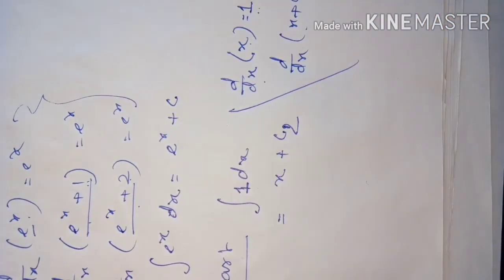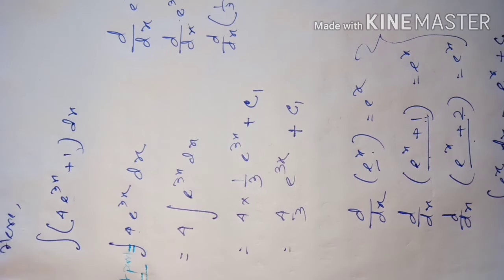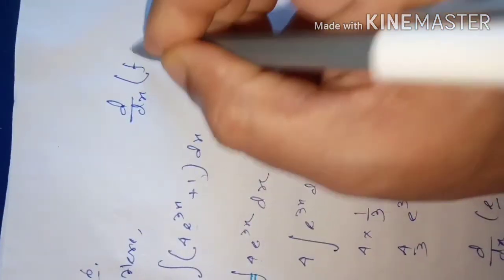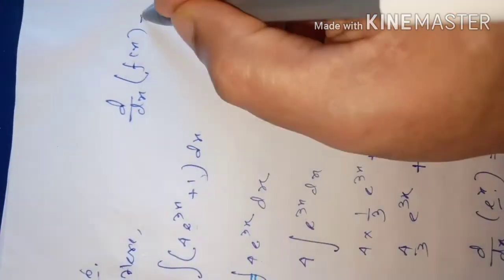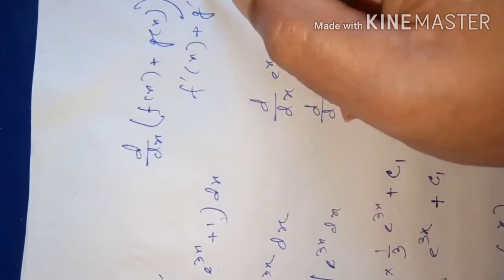I am not saying that every time you have to write this way, part by part. No, you don't require to write part by part like this. You can write at a time also. Like in differentiation, d by dx of f of x plus g of x is equal to f dash x plus g dash x.